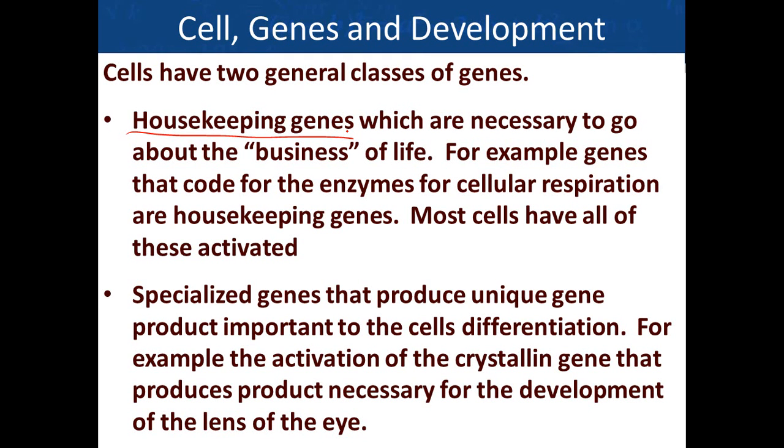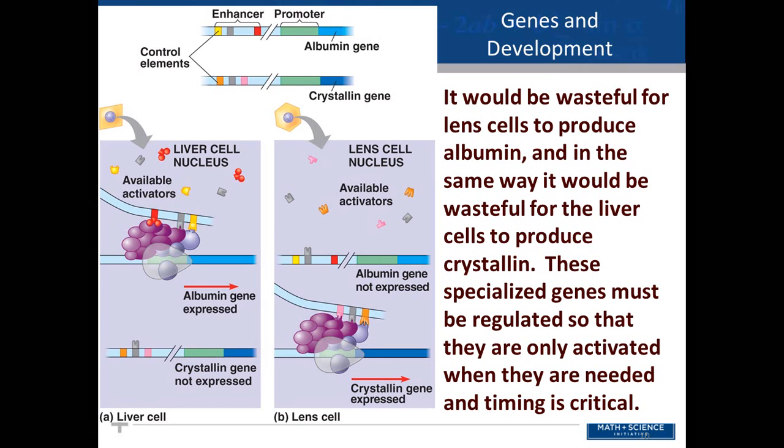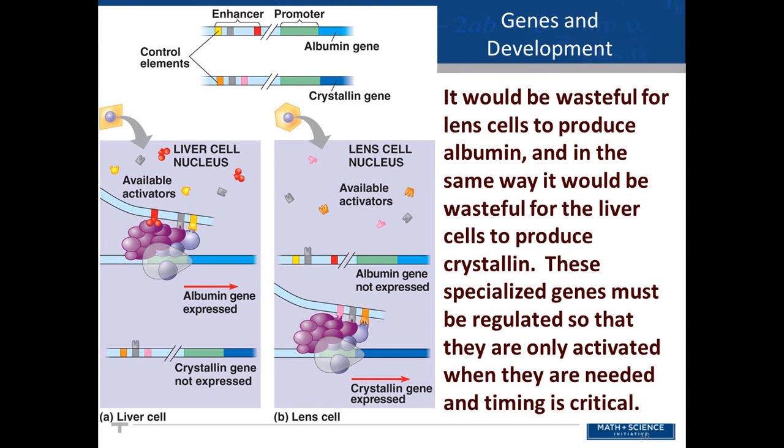However, there are specialized genes that produce the unique gene product important for cells to differentiate. For example, it would be extremely wasteful if you had a liver cell and that liver cell was producing crystalline proteins that are needed for the lens of the eye.